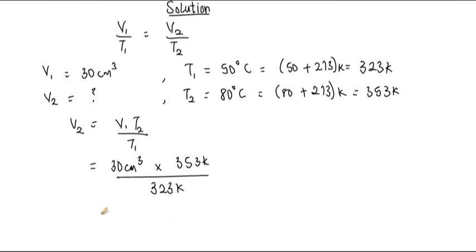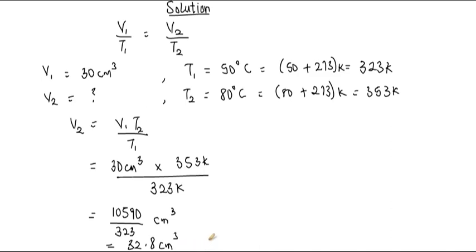Calculating this, we have 10590 for the numerator and 323 for the denominator. The unit is centimeter cube. And this is equal to 32.8 centimeter cube.